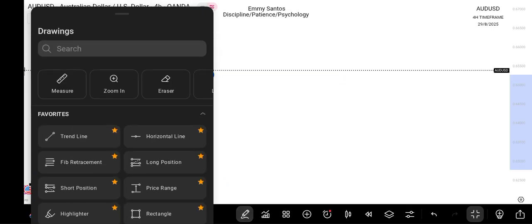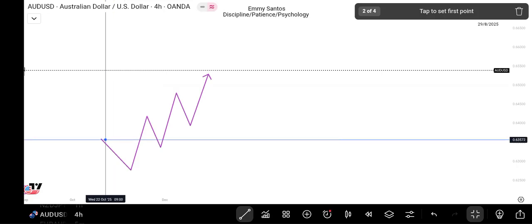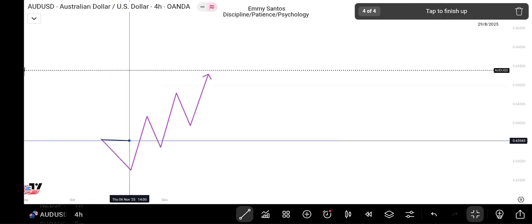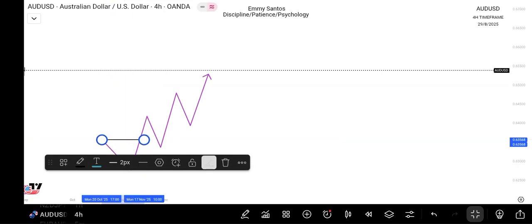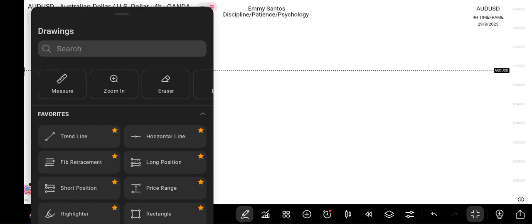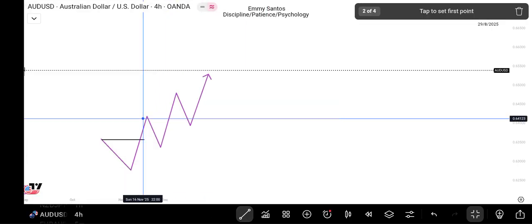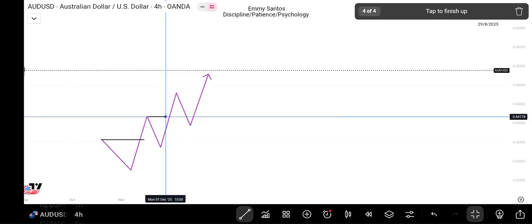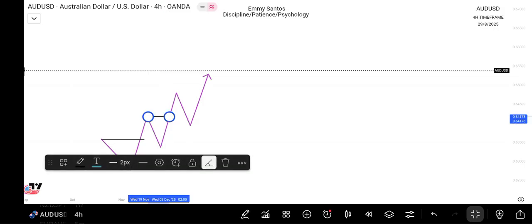In an uptrend market, price is breaking structure to the upside.